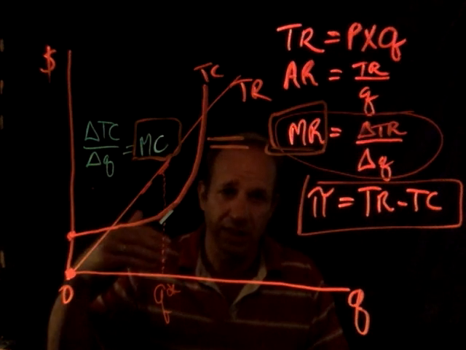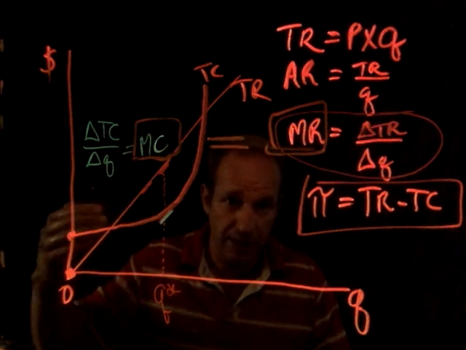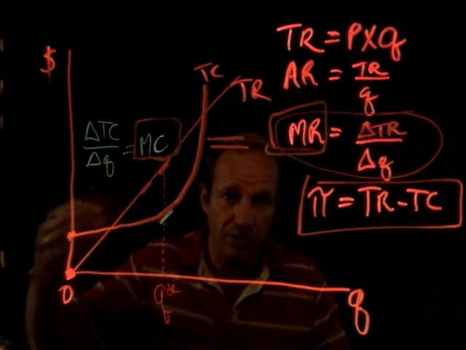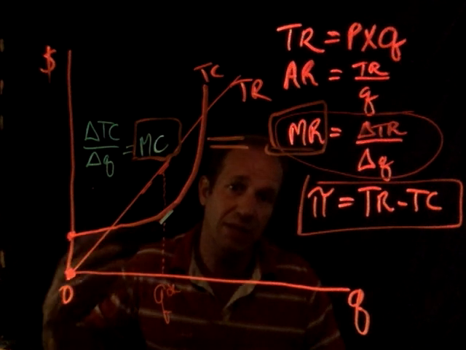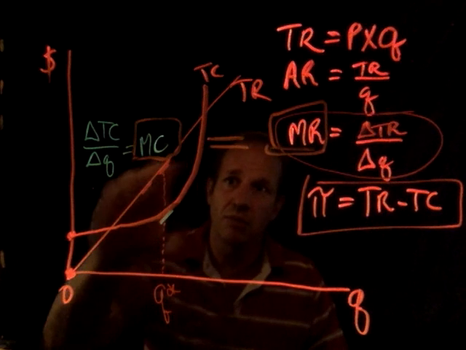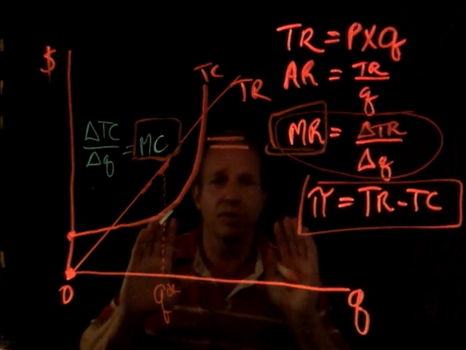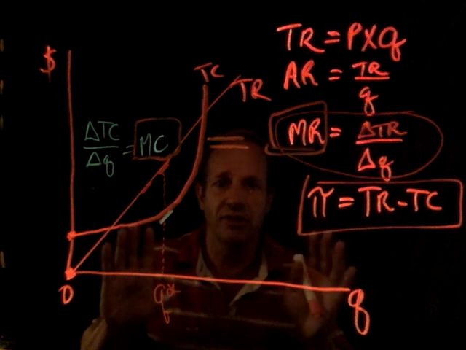And before that, the one before it brought me more in than it cost. So I would go out to the very best I can do. And that is where I can just hit marginal revenue equals marginal cost. So that's the action that the profit maximizing firm is expected to take.